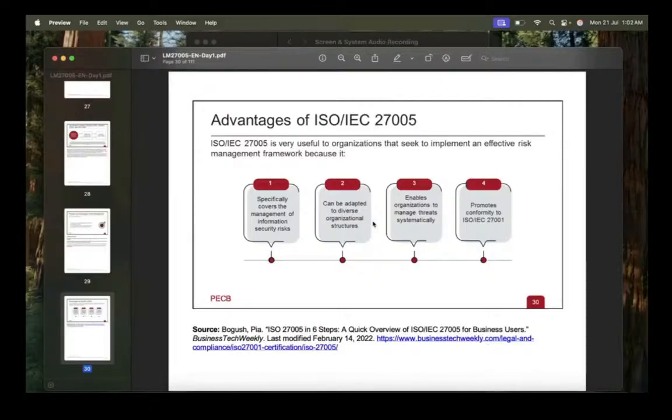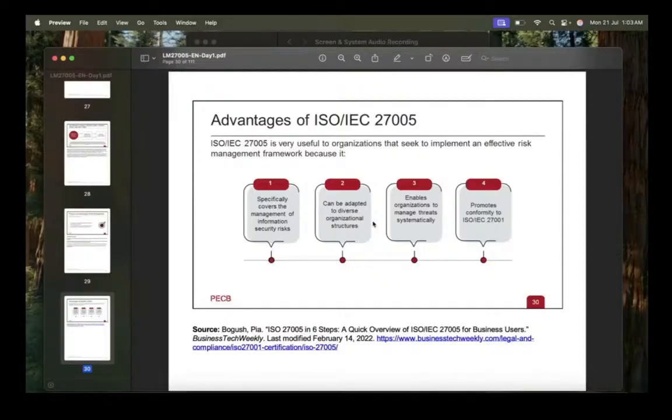And third is that it enables organizations to manage their threats systematically. When we go deep into it, we will get to know how it does that, how it helps in managing the threats of information security risk.